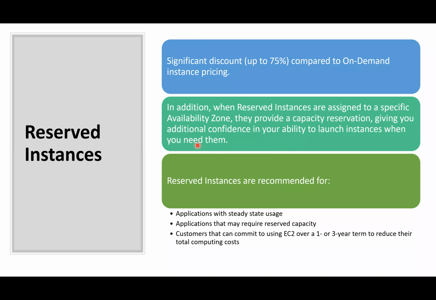So you see here, they are mainly for a 1 or 3 year term. When customers are sure about the usage of their application, they can go with reserved instances, which means they know for sure what they're going to need, and they can book that compute power in advance and avail that 75% discount compared to on-demand instance pricing.